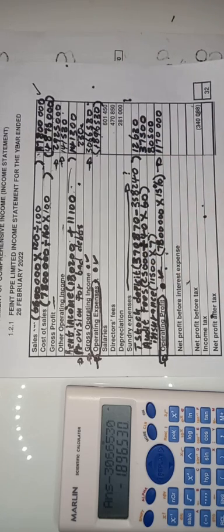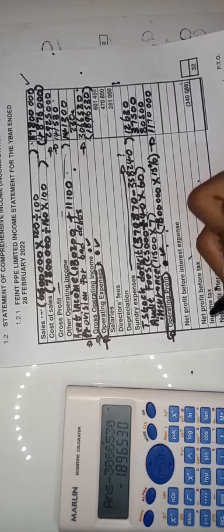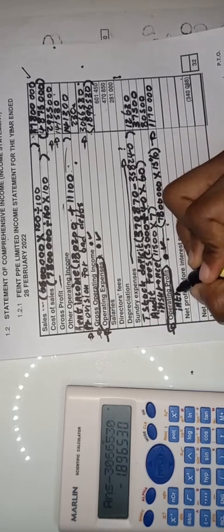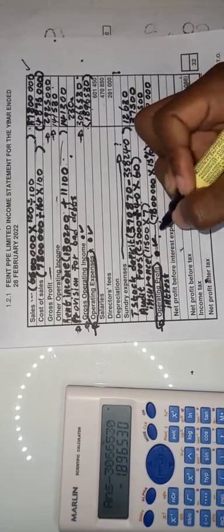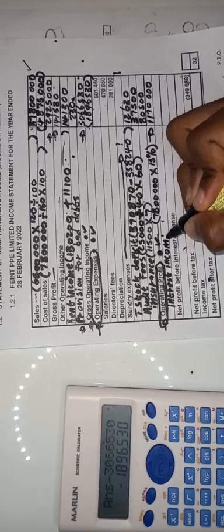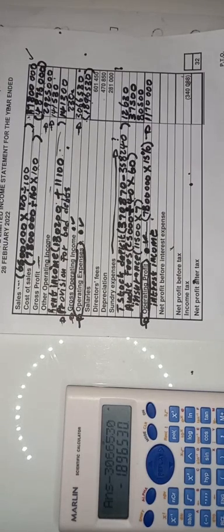So now let's go. Under operating profit, what we add is interest income. So what are we going to say here?